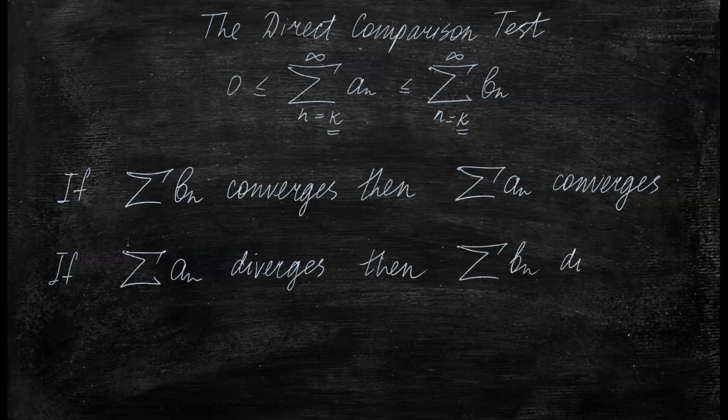So the direction is really, really important here. You have to make sure that the larger one converges in order to conclude that the smaller one converges, and you have to make sure that the smaller one diverges in order to conclude that the larger one diverges.